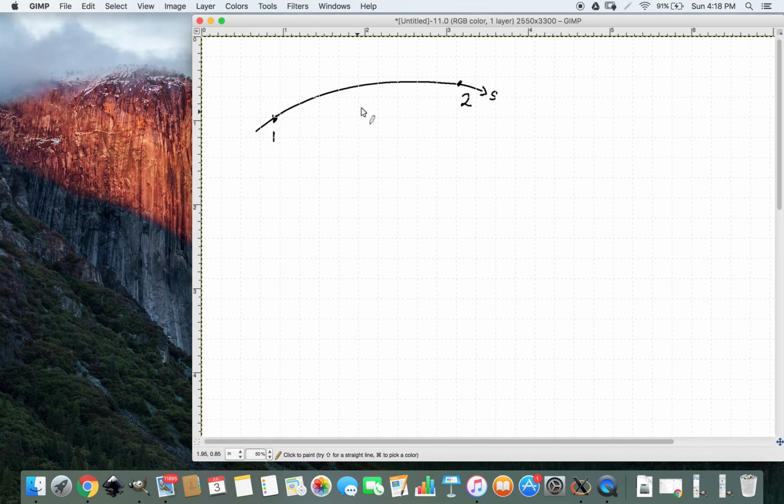So let's consider some small interval of time as the particle is moving between point 1 and 2, where our particle traverses a small distance, ds. And let's suppose that as it does so, there's some net force or some resultant force acting on it, maybe like this. So here's my resultant force, or that is my net force.